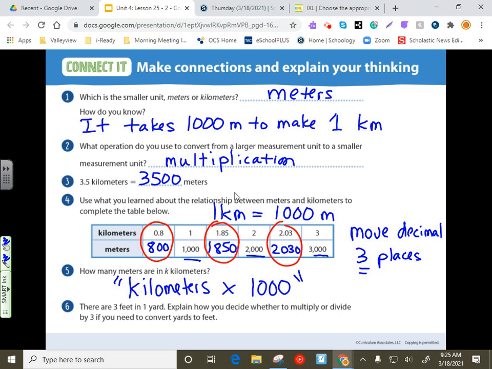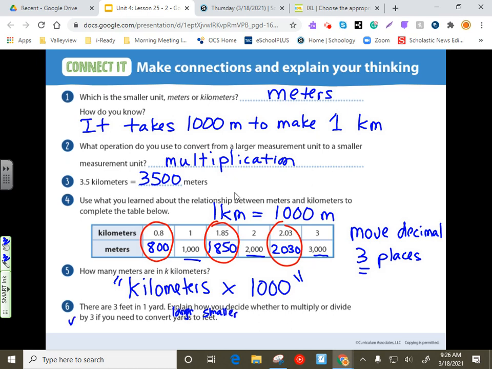If there are 3 feet in 1 yard, so we're going from feet to yards, explain how you decide whether to multiply or divide by 3 if you need to convert yards to feet. Well, we're converting yards, which are larger, to feet that are smaller.